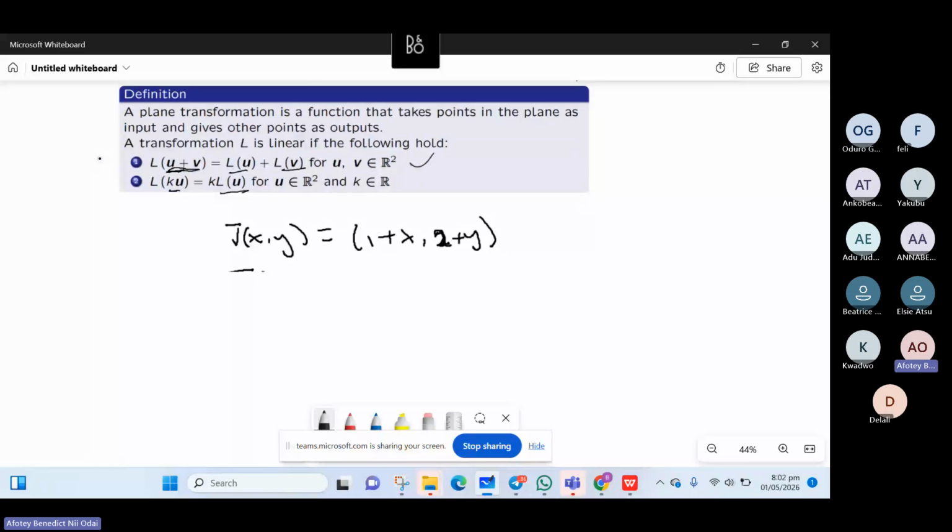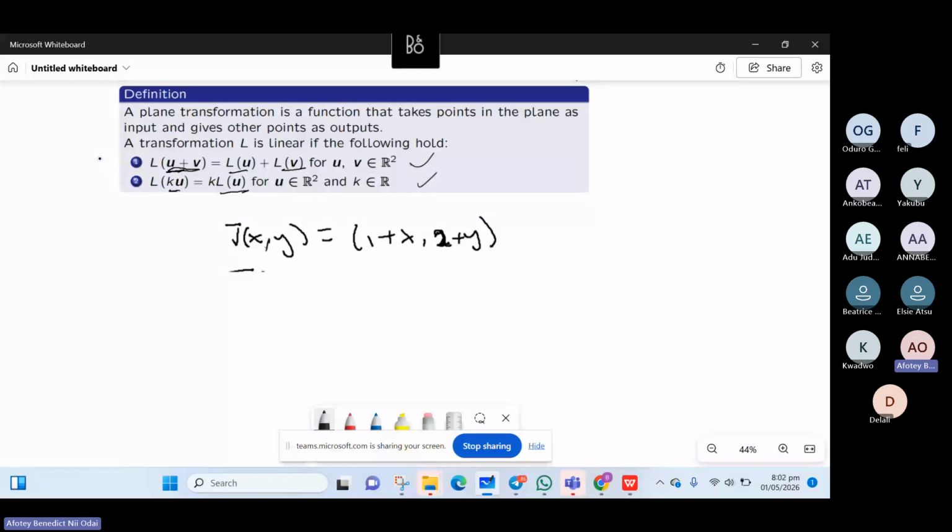Once the top one holds, the bottom one will also hold. They are basically two ways of proving the same thing. Now, to show this, take note, there's a comma here, but in the formulas that we've been given, there's actually a plus. So let's rewrite this formula that they've given us.